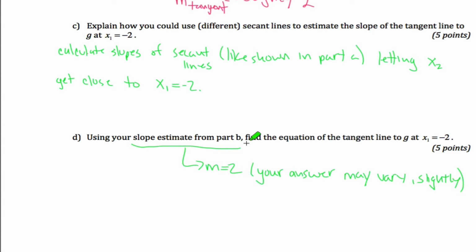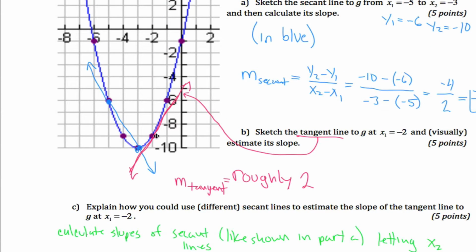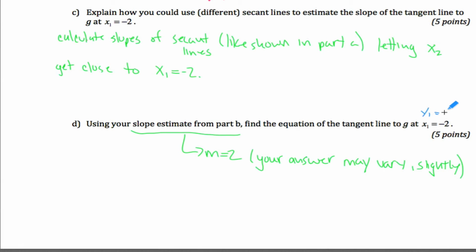Using your slope estimate from part B, find the equation of the tangent line to g at x1 equals -2. Well, what you need to know is that when x1 equals -2, y1 looks like -9. We're talking about this point right here. So I have a point, -2, -9, and a slope, 2.